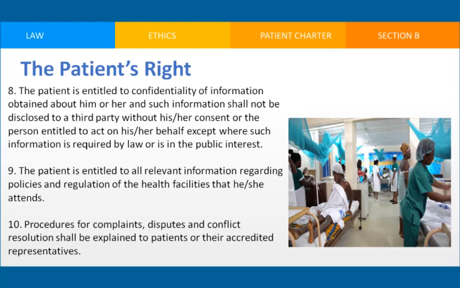Whatever the patient tells us, their information, their folders, the lab results they've done, everything about the patient should remain secret. We don't tell a third party unless, of course, it is in the interest of the public or we have been mandated by law. It's a court case and we have been asked to come and be a witness. That is when we break the promise of confidentiality.